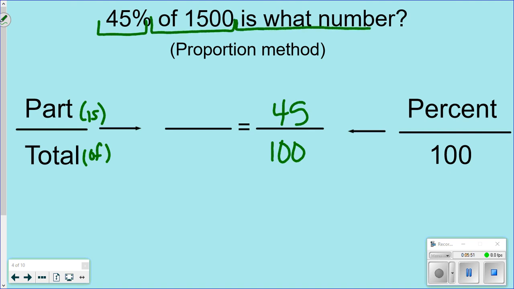Notice it's asking for "is what number." That's what you're looking for. So now you can say, okay, well, of goes in the bottom. My "is what number" is asking for the part. This is what it would look like. This is your proportion. And then you'd go ahead and solve like we did last chapter. You're going to use your cross products, 1,500 times 45, all divided by 100. And you should get 675. So 45% of 1,500 is 675.